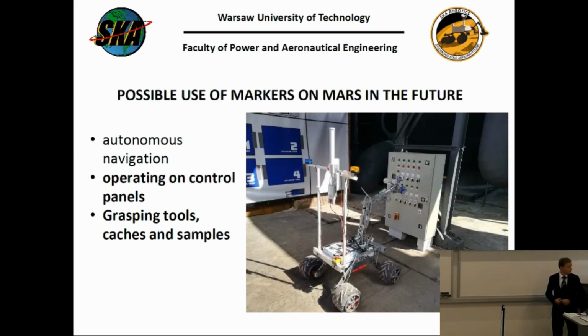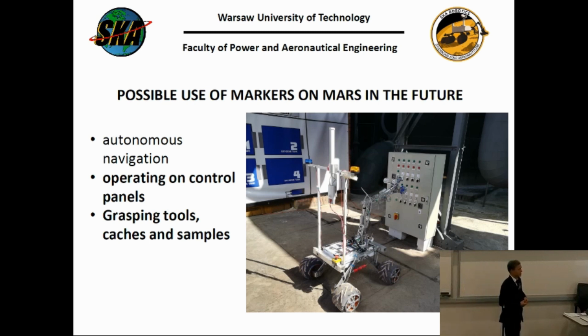The second idea is that autonomous rovers could operate on control panels, like the panel I presented here. Such panels could be labeled with fiducial markers to help calculate the orientation and position of the rover's robotic arm in relation to the control panel.